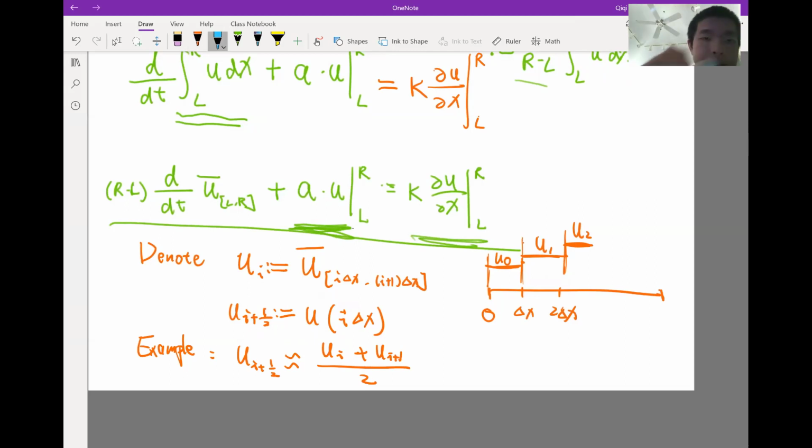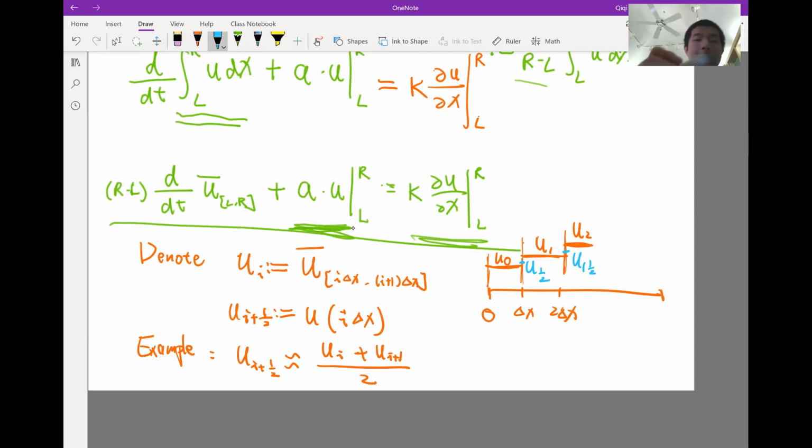It's like over here, the value of u at delta x is actually u half, the value just in between these two grid points. So it seems quite intuitive to approximate the value at the interface as the average between the two neighboring volume averages.